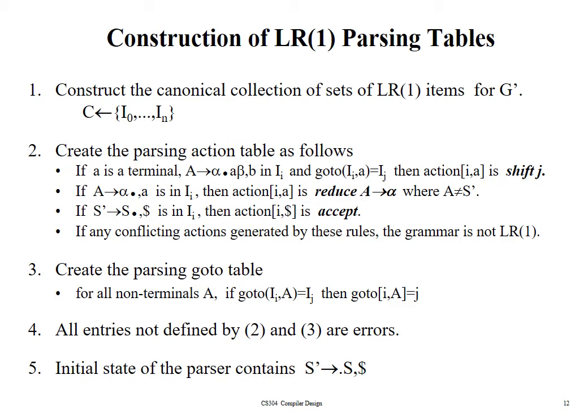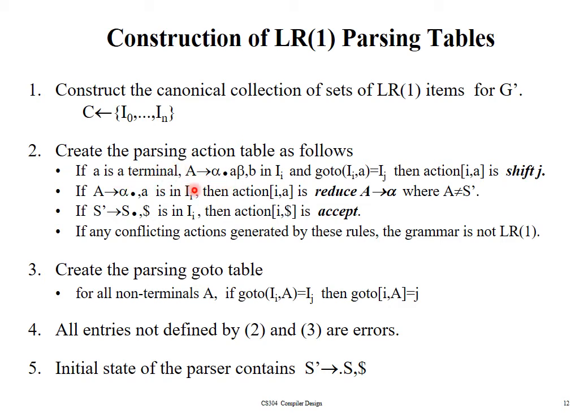So how can we add the shift and reduce actions? In the case of the parsing action table, if A gives alpha dot a beta comma b is in closure I, and goto of I comma a is equal to Ij, then you indicate that as shift j, similar to the SLR parser.